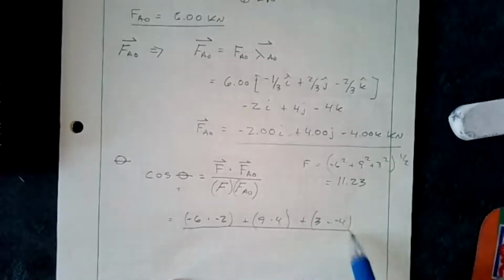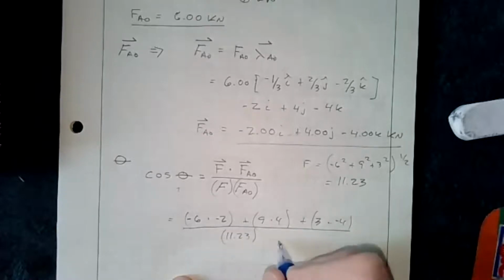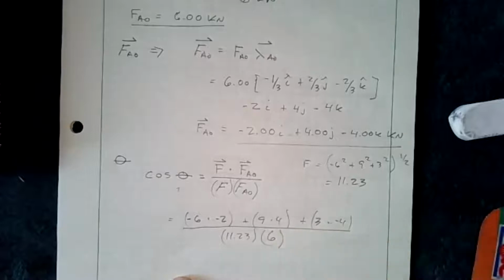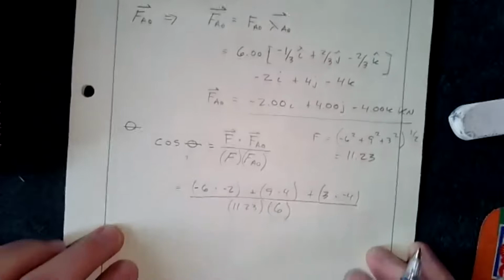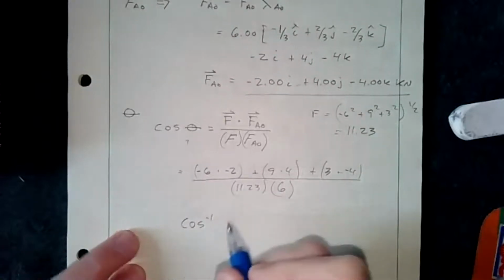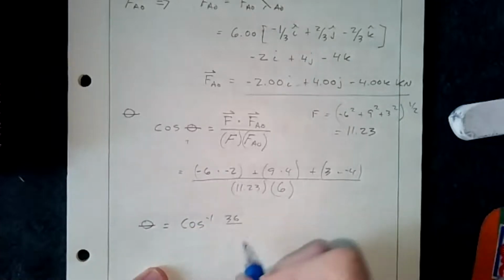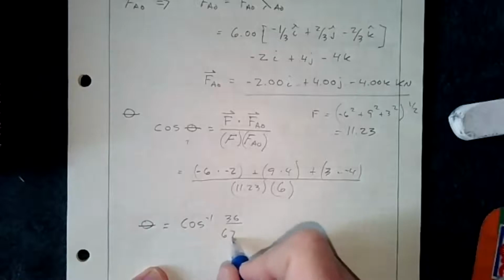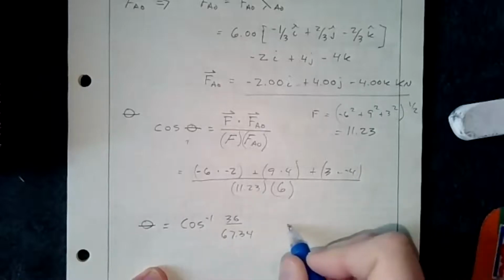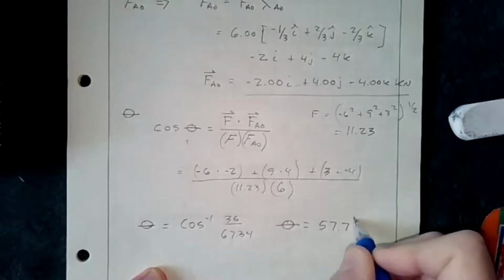Then divide that by 11.23 times 6. So I end up with inverse cosine of 36 over about 67.34, giving me a theta of about 57.7 degrees.